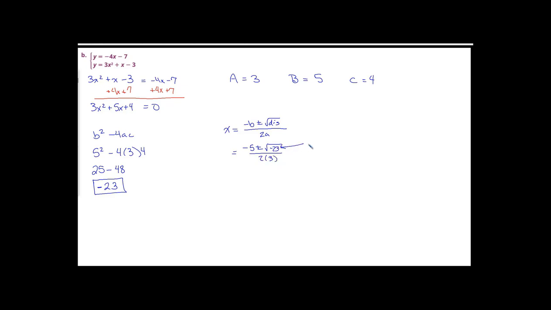So when we take the square root of a negative number, that's going to result in an imaginary solution. And which is going to mean that for the answer, it's going to be no solution. Because there's going to be no time that that line is going to cross that parabola. So again, if you get the imaginary solution, that means that the answer is no solution.